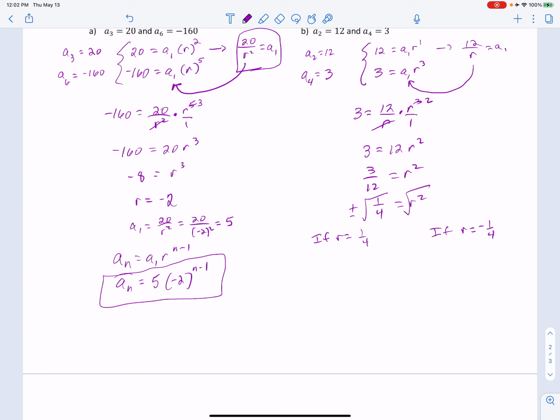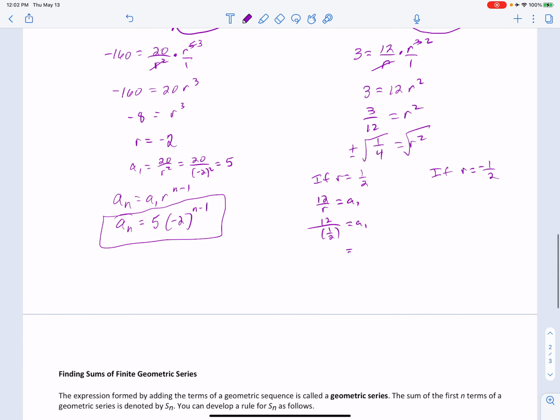Now to find a sub 1, use 12 over r is a sub 1. So 12 over 1/4 is a sub 1, and you get 48. Oh, I wrote 1/4. I bet you were wondering. I was so focused on the plus or minus that I didn't actually take the square root. So it's 1/2. I'm sure you were wondering what was going on there.